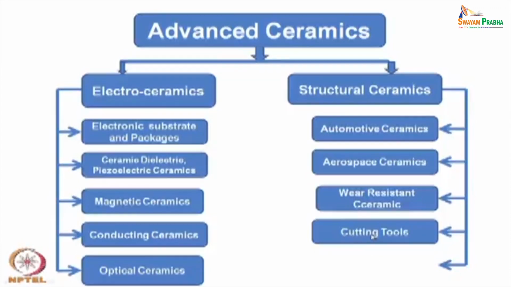When you are trying to cut or turn metals with cutting tools, ceramics is a much better option than the normal tool steels. Okay. So, it needs high hardness at high temperature, and that can only be provided by ceramic cutting materials. So, cutting tool application has again become a very important application for structural ceramics.